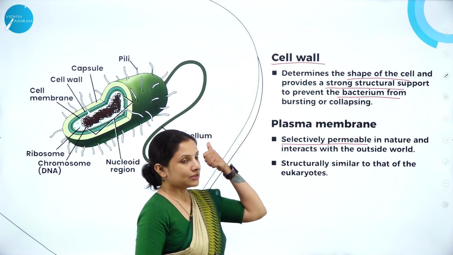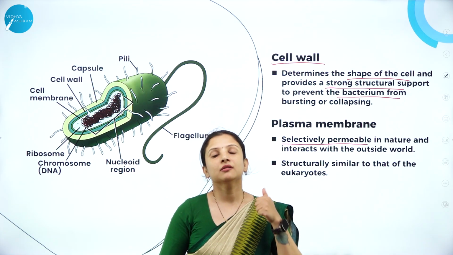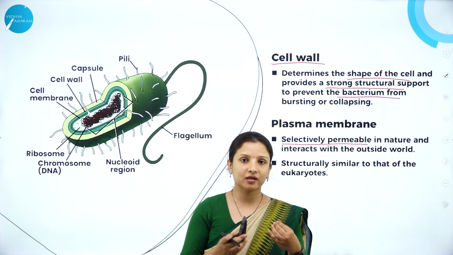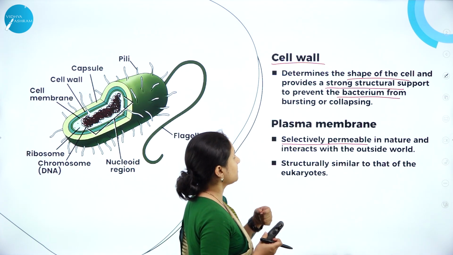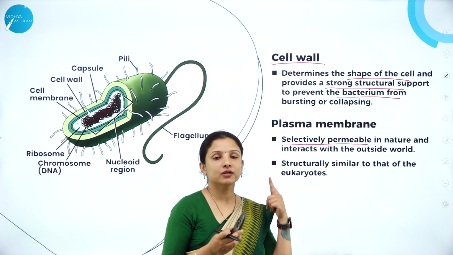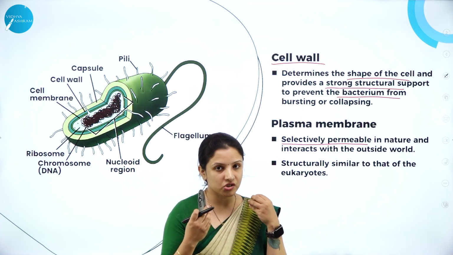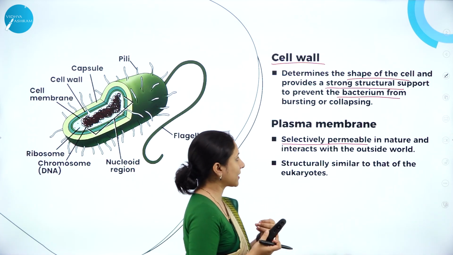So therefore, we understood that glycocalyx forms the outermost covering, and the glycocalyx protects the bacteria, wherein it doesn't allow the harmful substances to enter into the bacteria. Next, the cell wall. Cell wall protects the bacteria. Apart from that, it gives structural support to the bacteria, and also it gives a particular shape to the bacteria.